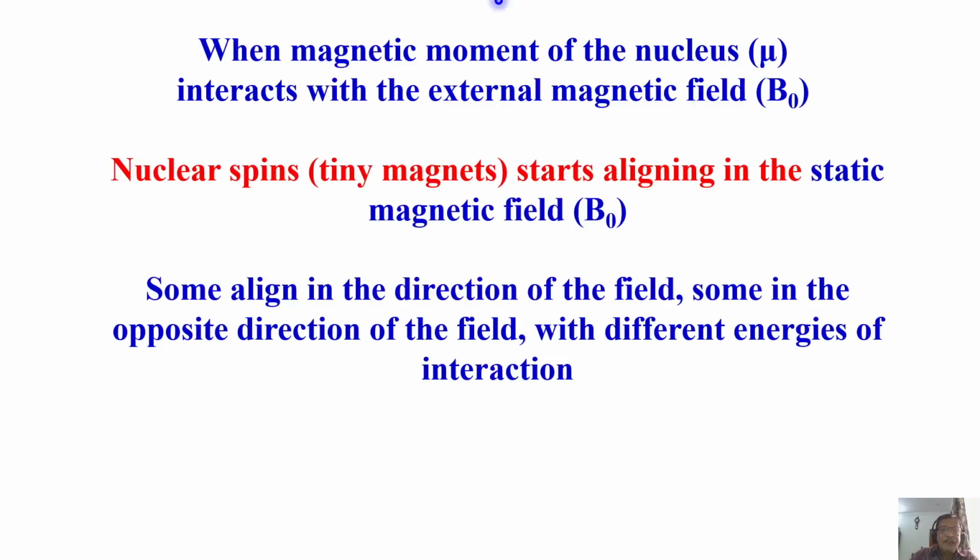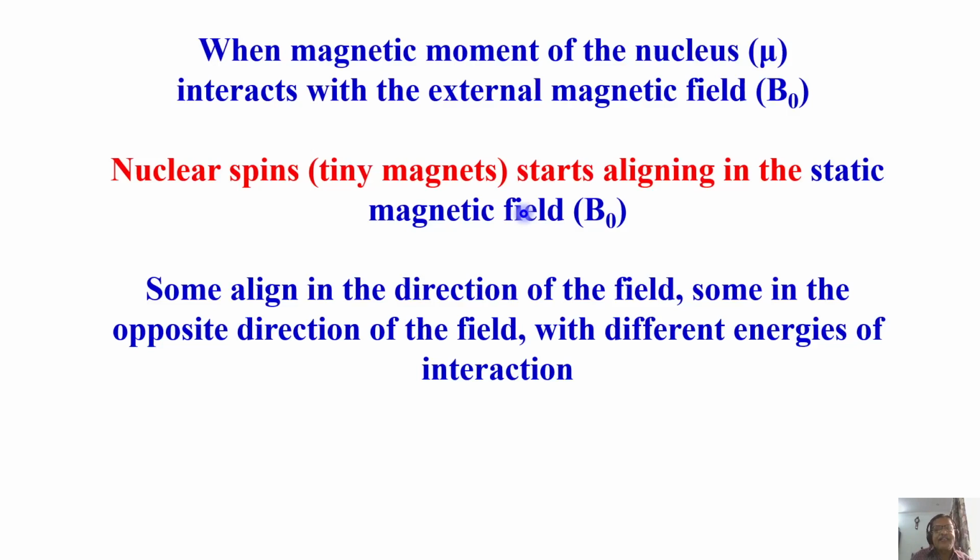The important thing is the nuclear spins, which are tiny magnets, start aligning in the static magnetic field. Remember, if I say nuclear spin, tiny magnet, magnetic moments, these are the same terms which we use interchangeably. Don't get confused at all. If I say interaction of the magnetic moment, it's nothing but the interaction of the nuclear spin. It is nothing but the interaction of the small tiny magnets.